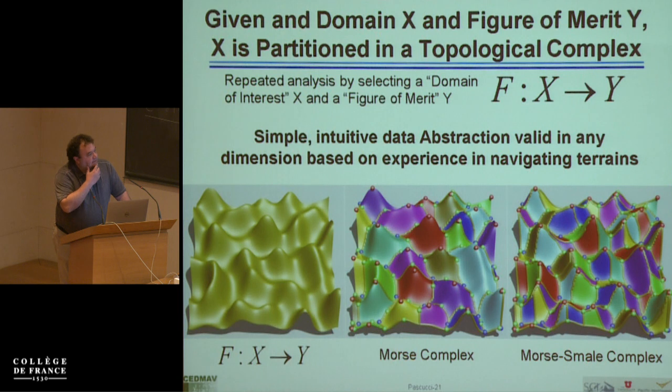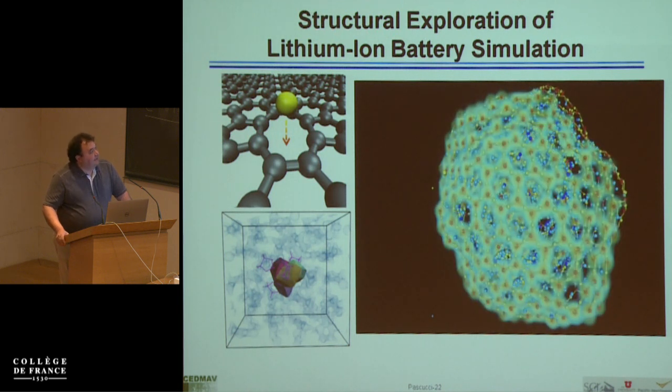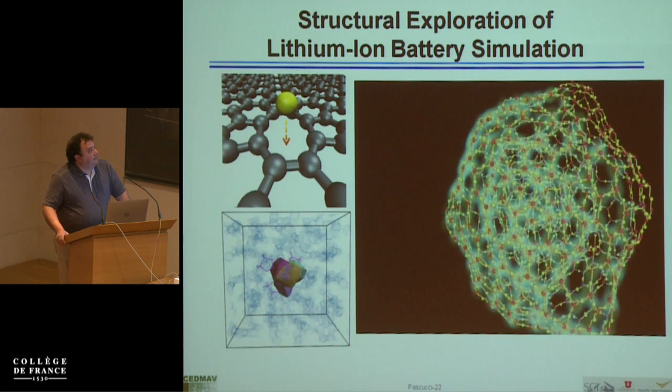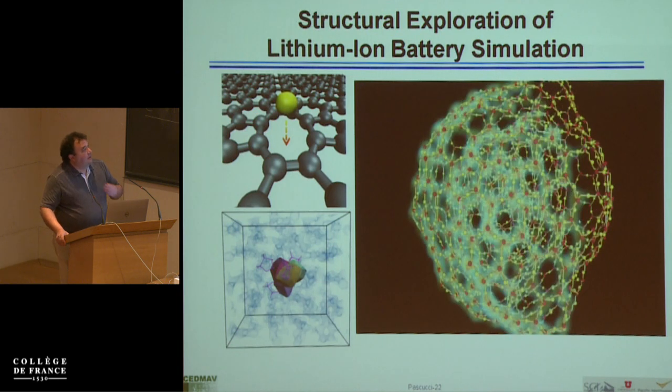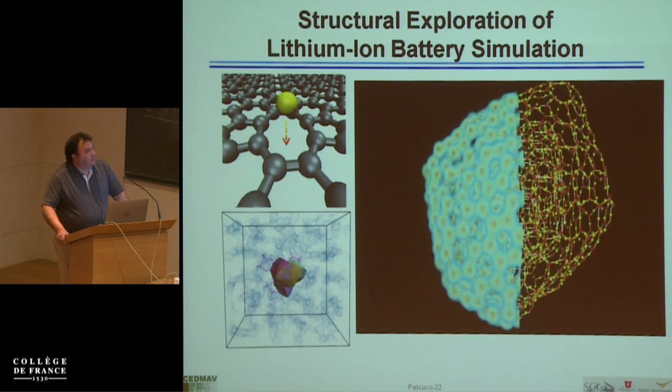With this simple type of model, for example, we can jump in and start analyzing something like this. We have a simulation. This is done at Argonne National Lab. We also have some collaborators at Livermore doing a similar application where we're taking this atomistic simulation of a lithium-ion battery. Now we're still in 3D, we're not high dimensional yet, but you see how I can go from the raw data, where the visualization could be more or less misleading.